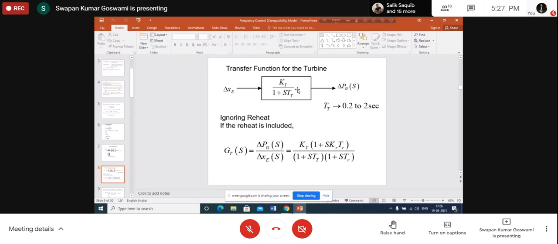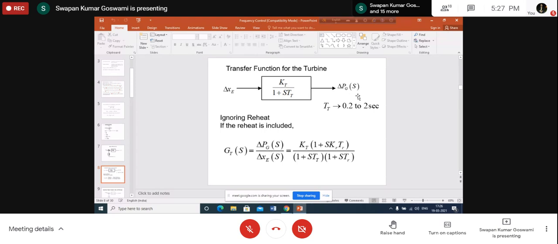Delta Pg is the power increase because of the increased opening of the steam valve. Delta PGS is the transform of the power increase.